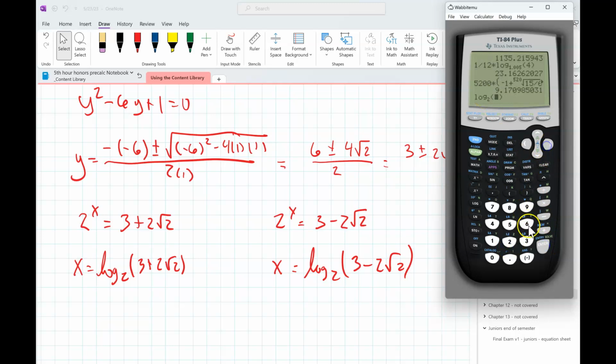That'll allow me to just type it in. You could use the change of base formula too if you wanted, but no worries. So there's my first answer. And if I try to do the second one, there's my second answer. And that's all she wrote. Does that feel okay? Yeah.